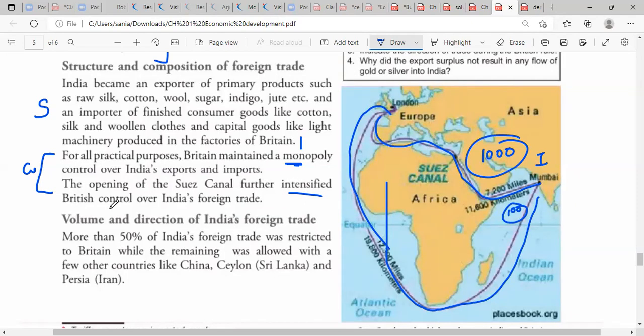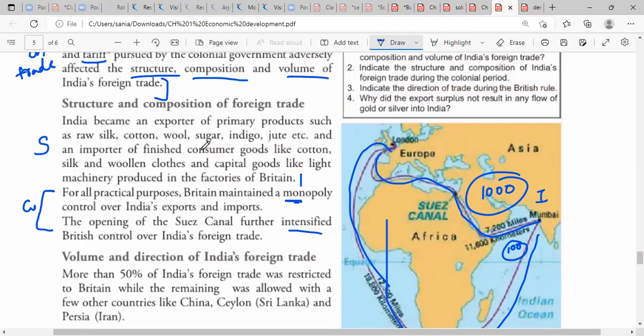If earlier it was 60% control, now Britishers had 90% control on India's foreign trade. So this is structure and this is composition. Clear? Okay. So you will write hashtag structure and composition of foreign trade. Then you will write structure this, composition this.